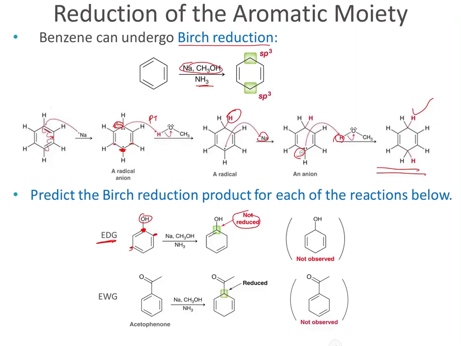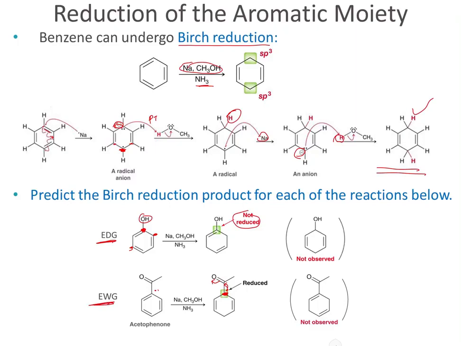Okay, if we do have an electron withdrawing group though, electron withdrawing group would actually be happy to have the electrons in this region. So then, if there is an electron in that position, like here, create a minus charge here, then it can stabilize it by resonance. Okay, so therefore, this position is going to be reduced if we do have an electron withdrawing group.